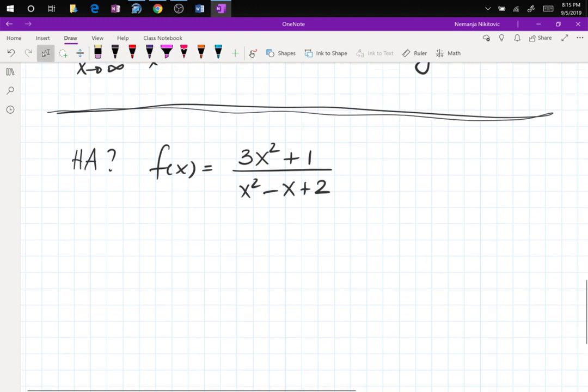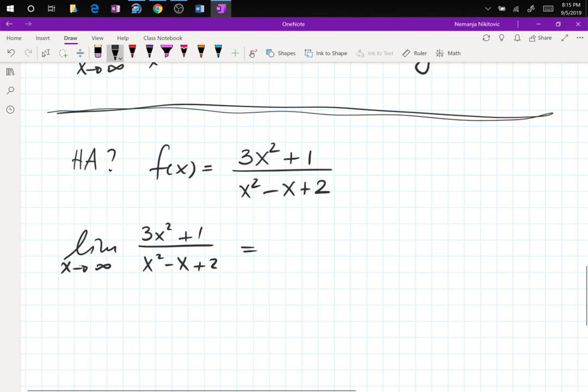So what do you do? Well, you have to take the limit of this function as x goes to, let's say, positive or negative infinity. Okay, sounds good. Let's see what we can do.